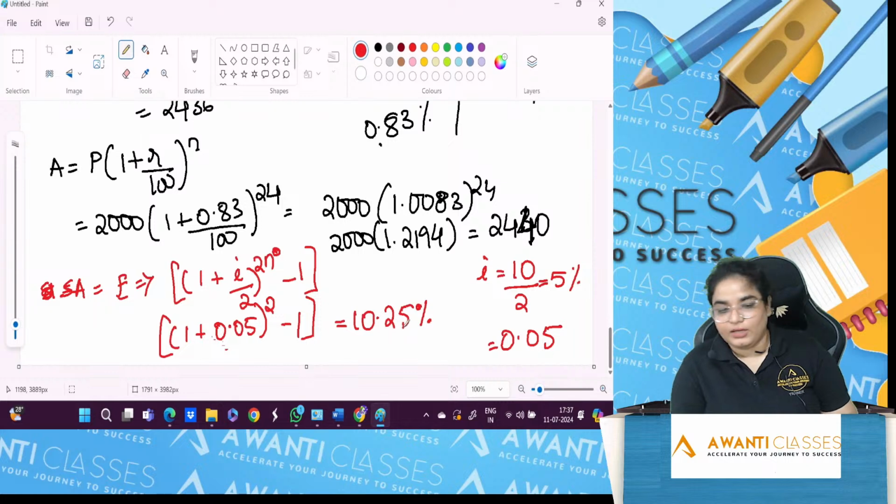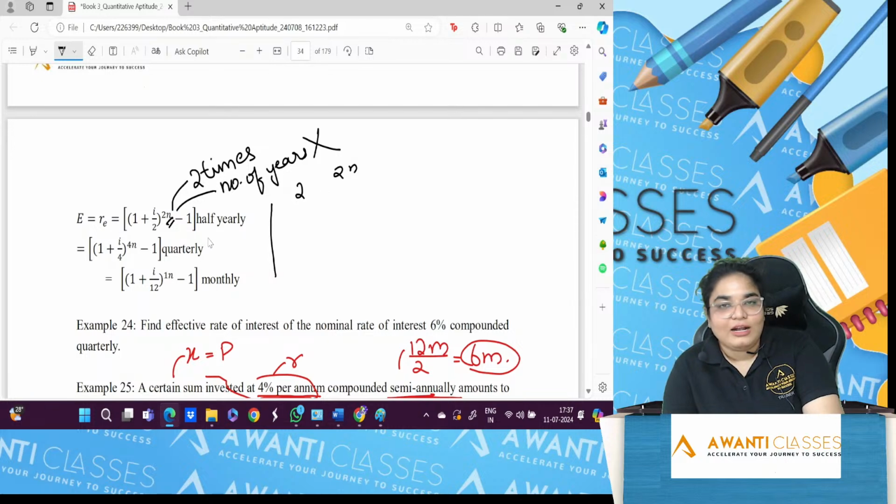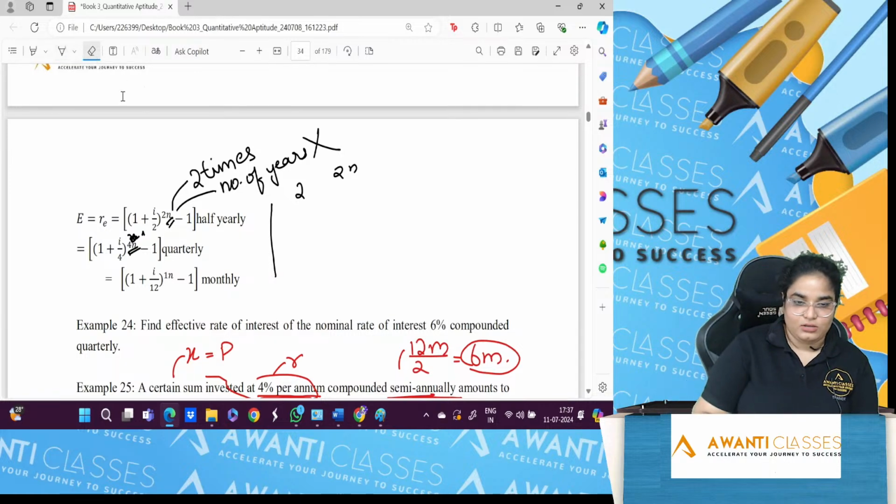effectively. Okay, here n is 2 times in 1 year. Don't multiply it with number of years. If you multiply with number of years, you will end up getting 20% or something. As well as here, it is basically 4 times in 1 year. That is what they are trying to say.